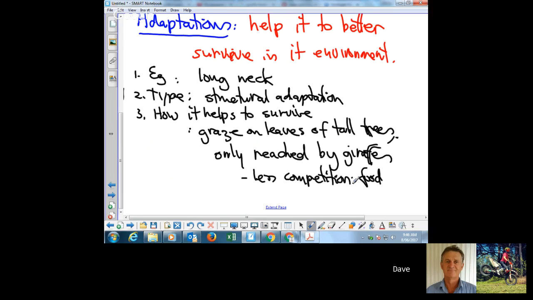So when food gets scarce, if there's plenty of trees, there's a better chance of survival. Okay.